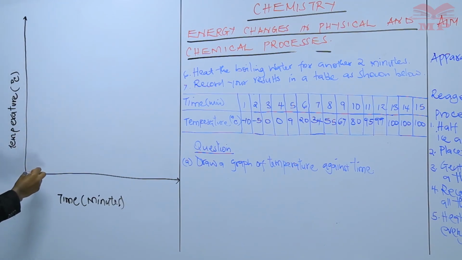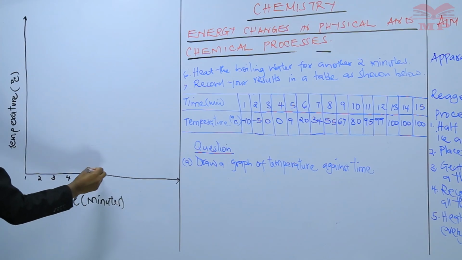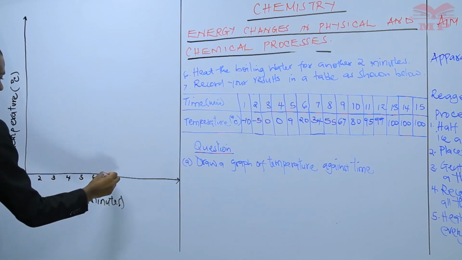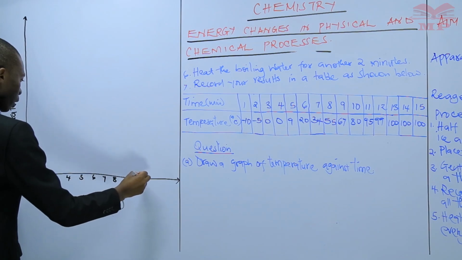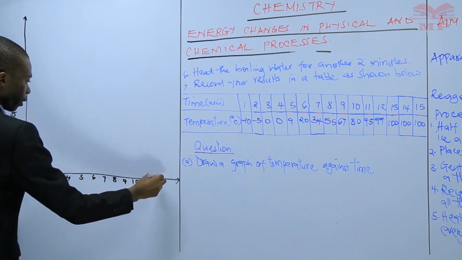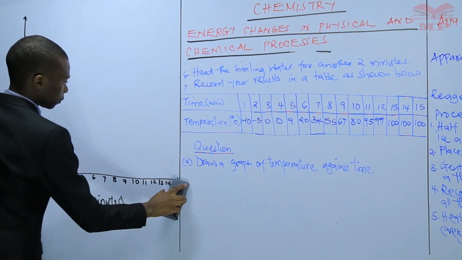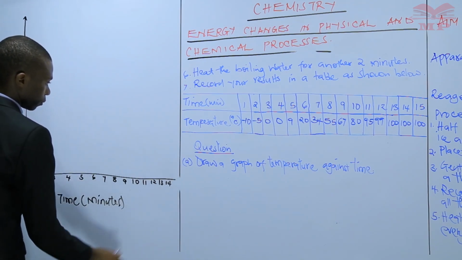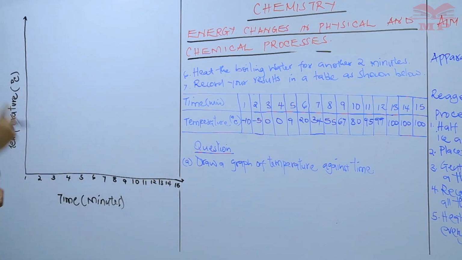So in the x-axis, we have 1 minute all the way to 15. So 1, 2, 3, 4, 5, 6, 7, 8, 9, 10, 11, 12, 13, 14. Have 15 at the end.